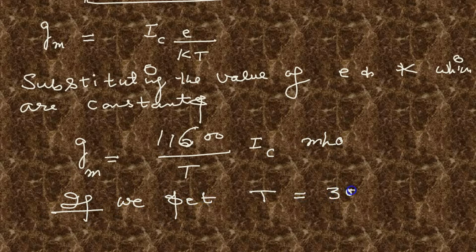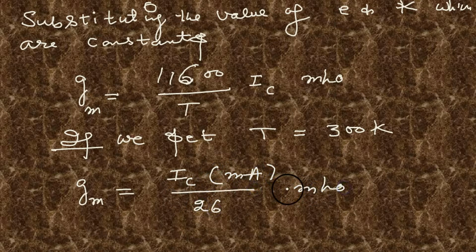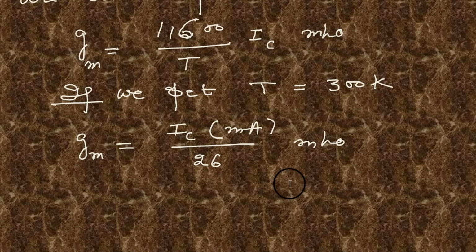If we set the temperature to 300 Kelvin, and if we take IC in milliampere, substituting IC directly in milliampere in the expression, then it becomes IC over 26. You have to substitute IC here in milliampere only. It becomes mho.